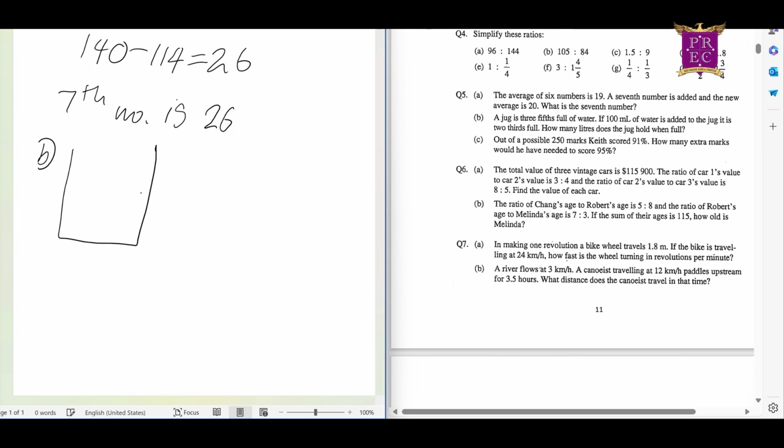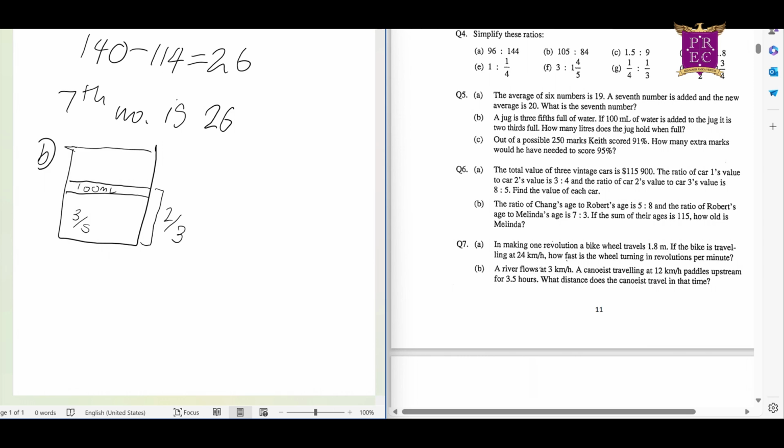It's 3/5 full, and we're adding 100 more milliliters, and that makes it 2/3 full. Okay, that's what's happening here. We get a jug.